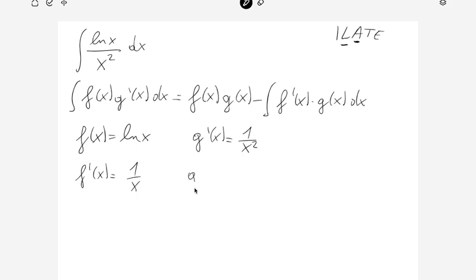And we have to compute the integral, the antiderivative of 1 over x squared. Well, 1 over x squared, this integral, it is just the integral of x to minus 2. So if you use the rule, you will find minus x to minus 1. So minus 1 over x.